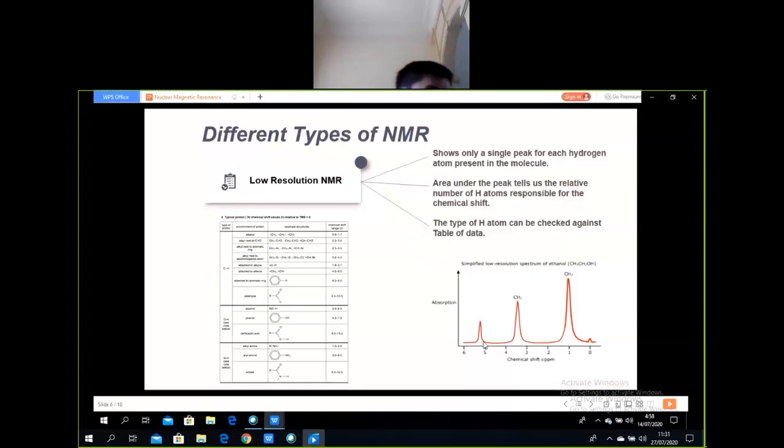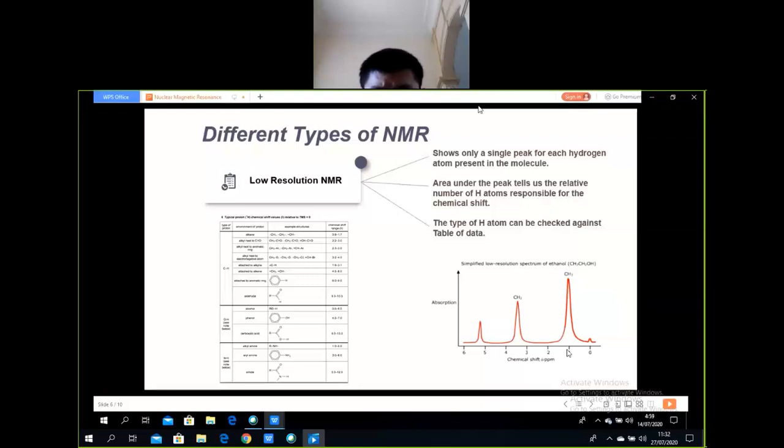And then in low resolution, we can compare the height in order to determine how many hydrogen atoms there are in each peak. As we know, below each peak, we can tell the number of hydrogen or the percentage of hydrogen atoms in the molecule.